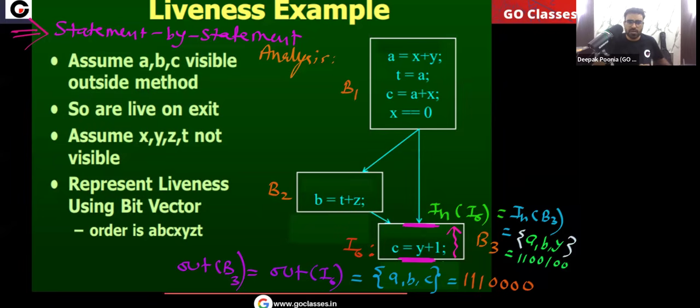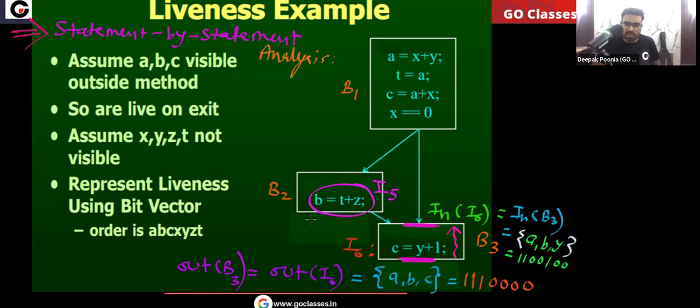Understood? Now tell me, what will be out of B2, or out of I5, because in B2 there is only one instruction. So this is the first and last instruction of B2. Out of B2 is the same as out of I5, and in of B2 is the same as in of I5. Let's assume this is instruction I5.